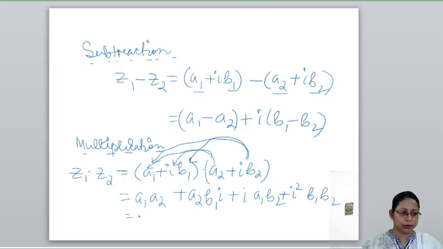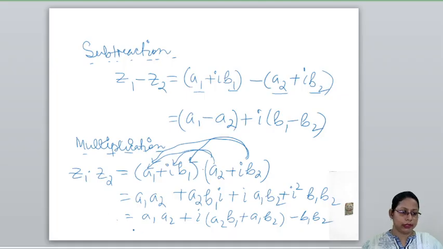In the next step it will be a1 a2 plus, taking i common, i (a2 b1 plus a1 b2). Here it is minus b1 b2.